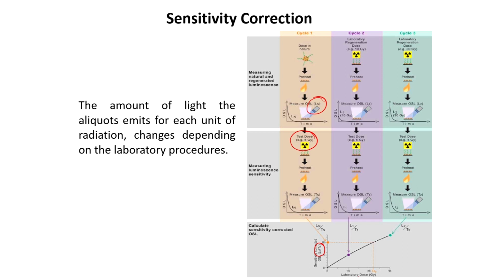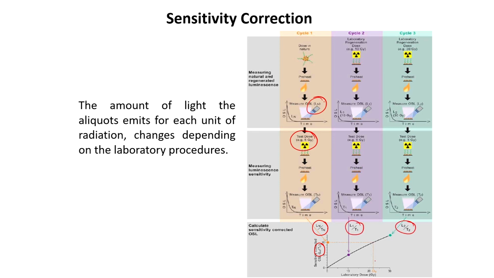Then you use the doses we have given, that is 5 gray, 10 gray and 30 gray, and so on. That will give you an exponential curve of Lx by Tx. Similarly, using the luminescence and the test dose, you obtain these 3 points.